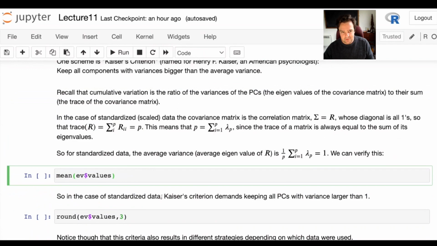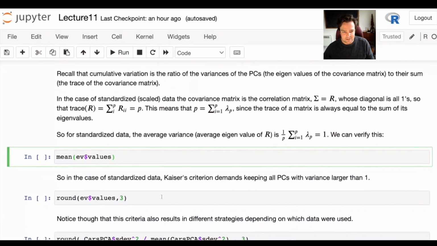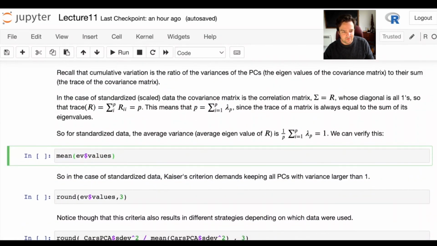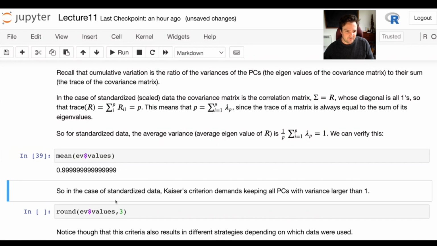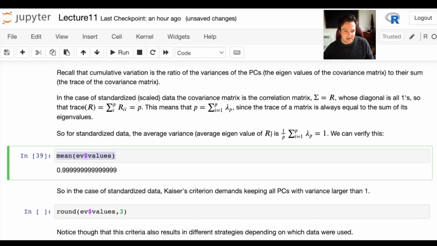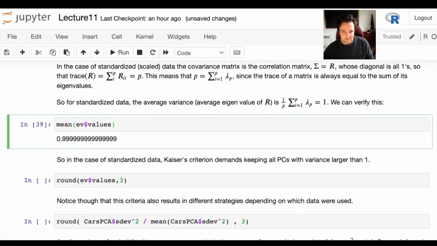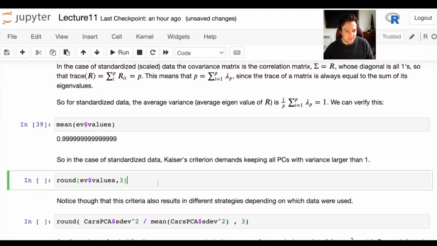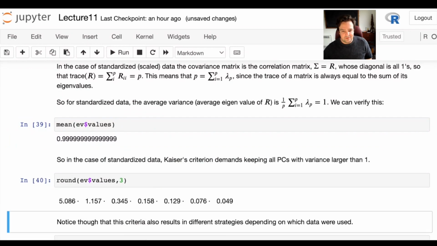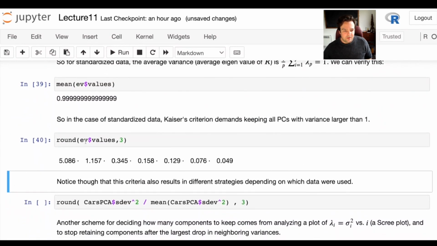So let's see what Kaiser's criterion would actually produce for this result. This is just verifying that the average eigenvalue is in fact 1. Sorry, you'll see that discussed up in that little paragraph. So let's see what Kaiser's criterion would say. For the eigenvalues of the correlation matrix, it would say you should keep the first 2.